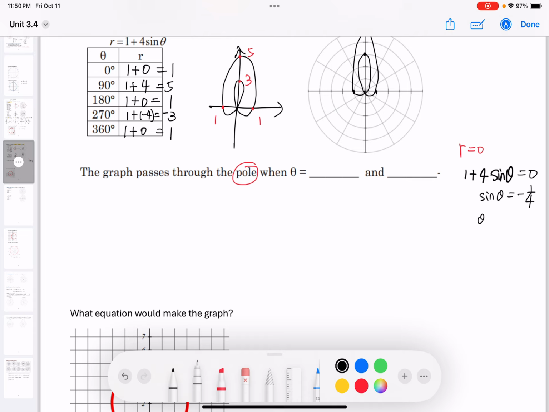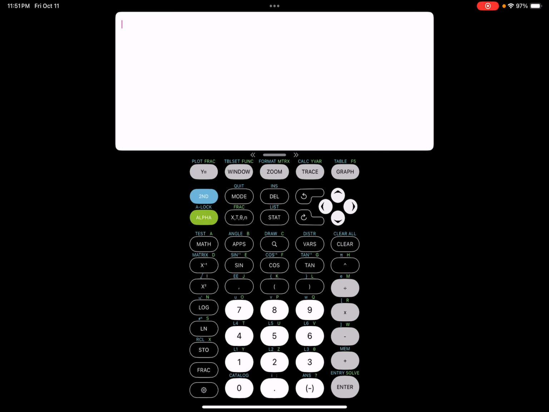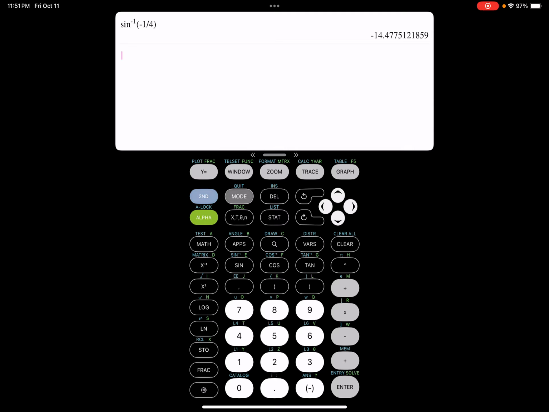So for theta, I can use my calculator to find the inverse function. So sine inverse of negative 1/4. So let's use our calculator. Okay, we're looking for second sine of negative 1 divided by 4, close parentheses. So I want to check if the mode is in degrees. Yes, it's in degrees.